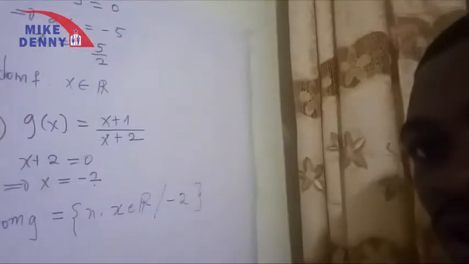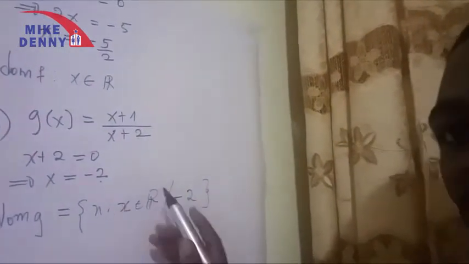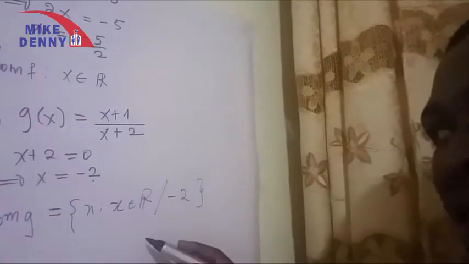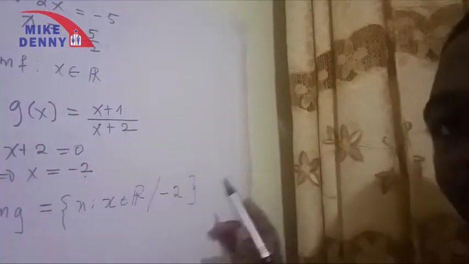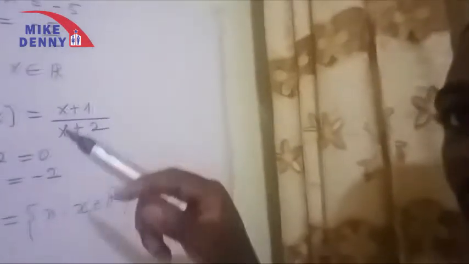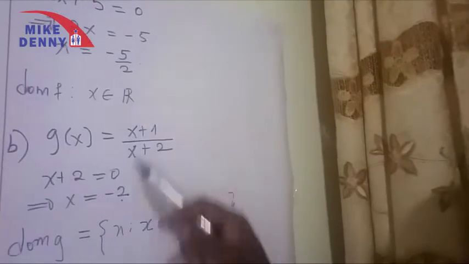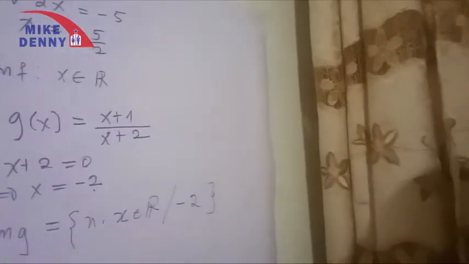So whenever the function is rational, you equate the denominator to 0, solve, and then when stating your domain, you exclude that value. But if it is a polynomial function like we saw above, the domain will just simply be the set of real numbers. But you must solve and show the steps for us to see and know what is happening.